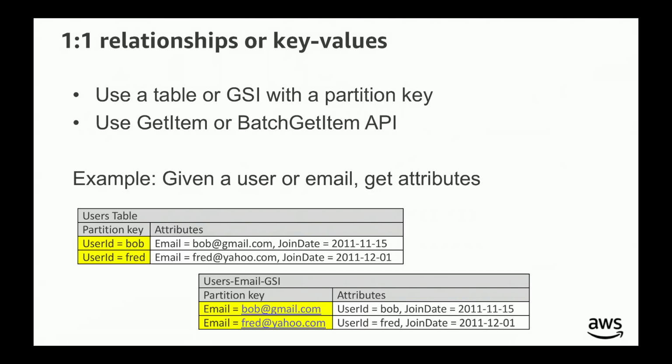You could also use the Query API, but typically for getting one item, GetItem tends to be the best use. Most common usage pattern. Performance-wise, it's the same.